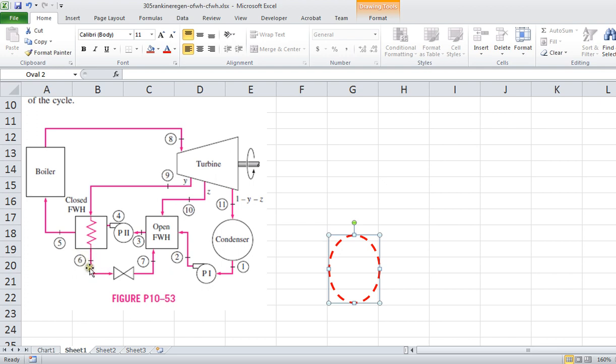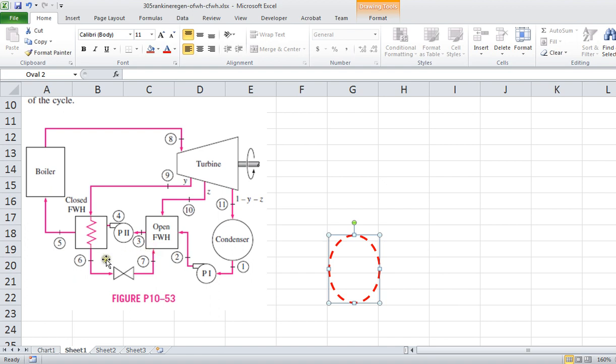It either needs to be pumped forward to the next highest pressure level, which in this case would be the boiler pressure, or it needs to be sent back through a pressure drop to the previous lower pressure level.